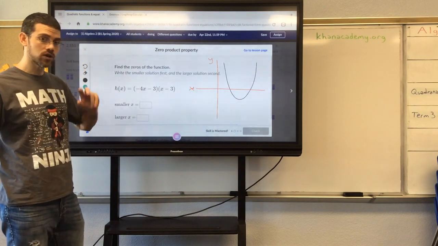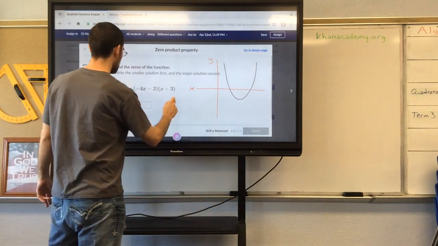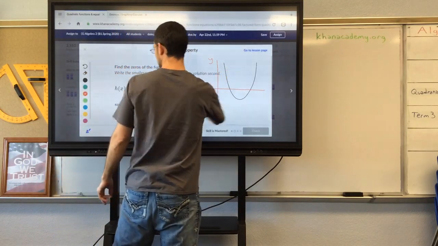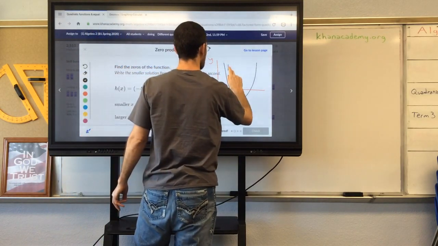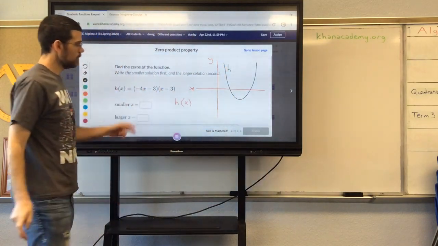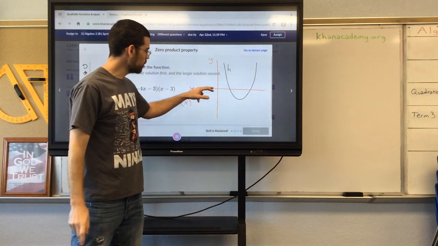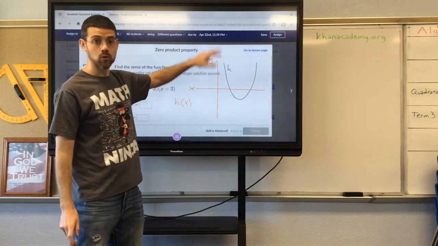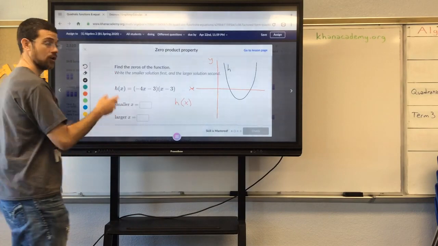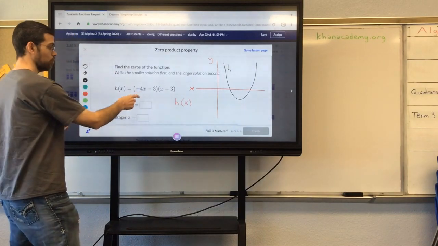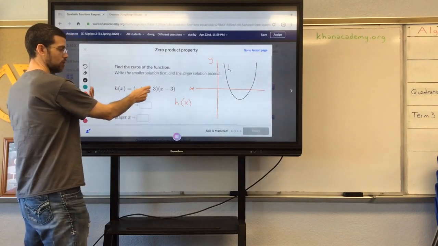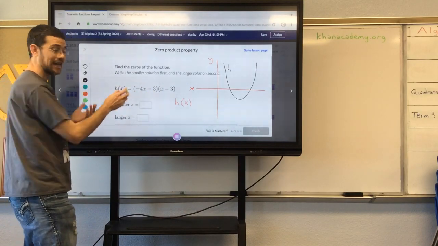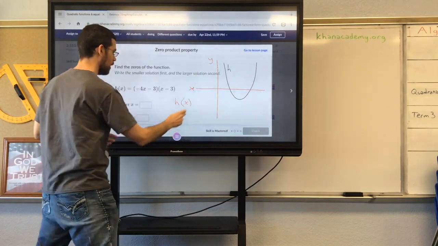So the zeros of the function mean, so h of x, that's this function right here, h is this parabola. It's a function of x, so if you give me an x value, that function will tell you what the y coordinate is, just like any other function of x. So you would put in, if x were 2, you'd put 2 in for each of these, and it would give you some number, and that would be your h of x value, which is y.